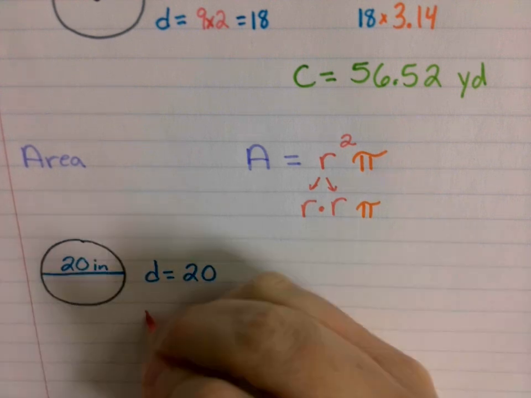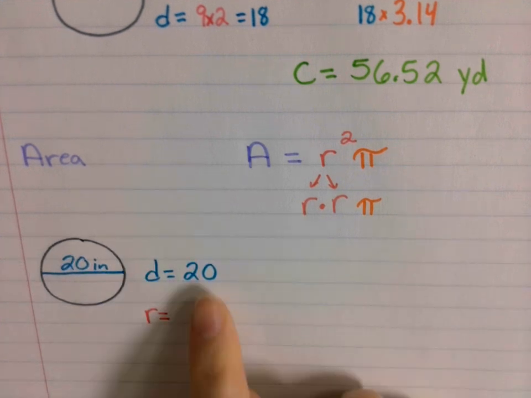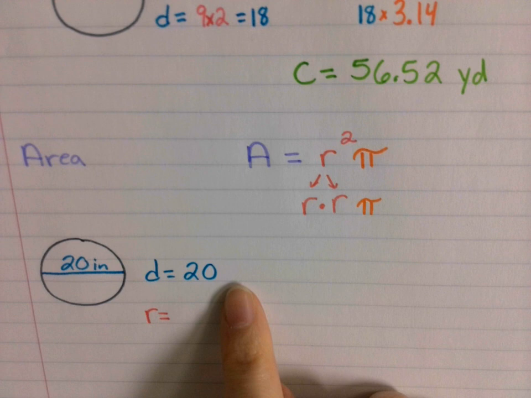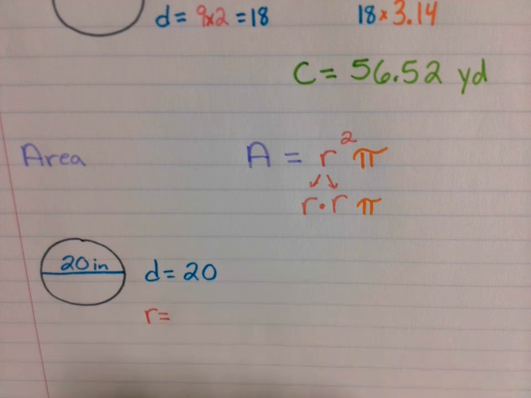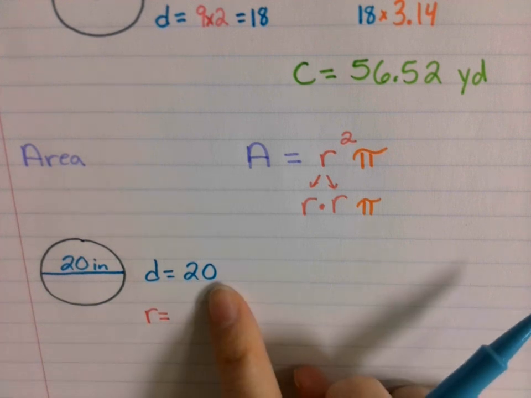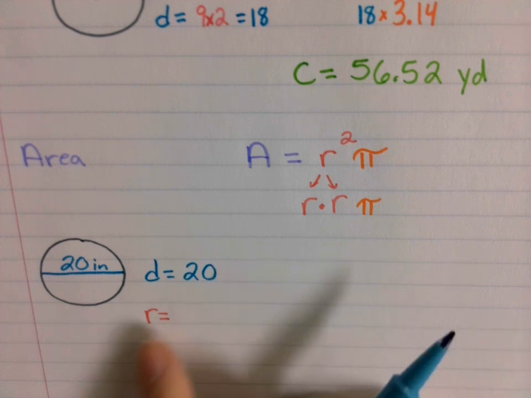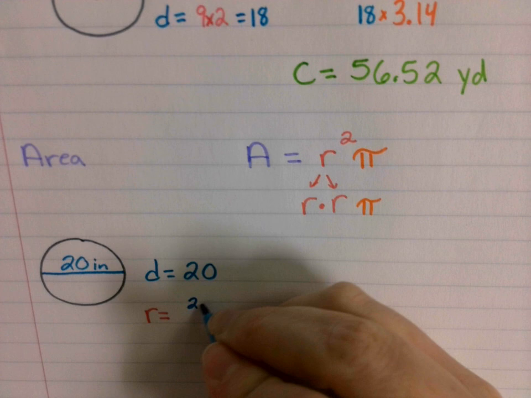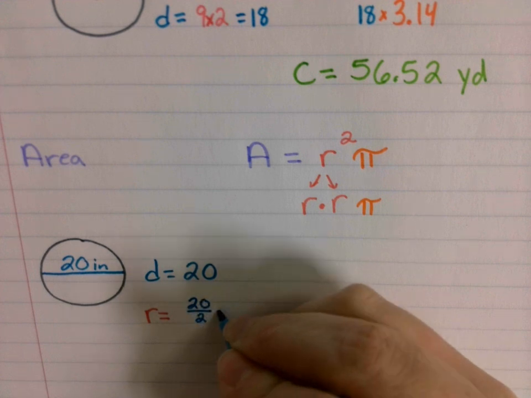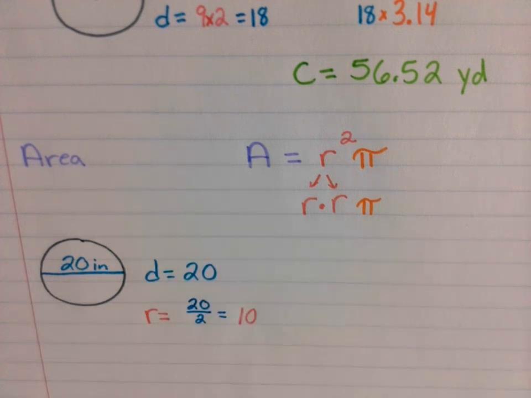So how do I find the radius if I'm given diameter? Divide it by 2. See, if we multiply the radius by 2, that gives us the diameter. So if we divide the diameter by 2, that'll go back to the radius. So we're going to take 20, divide it by 2, and that's going to give us the radius value of 10. So now we just plug that into our formula.